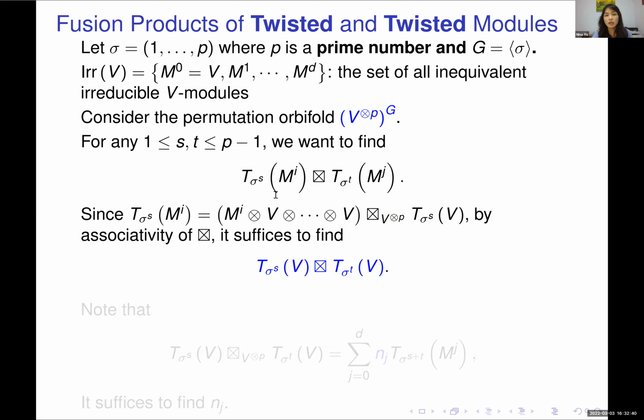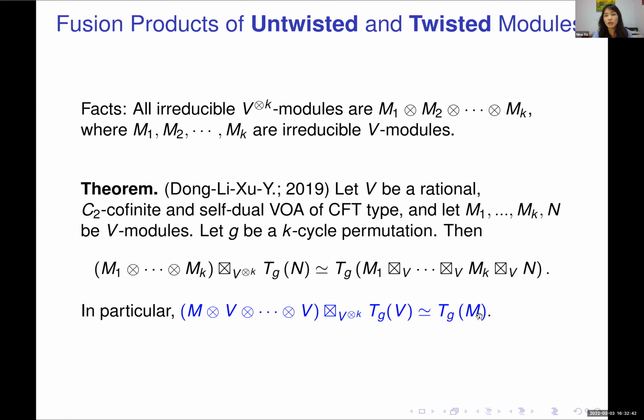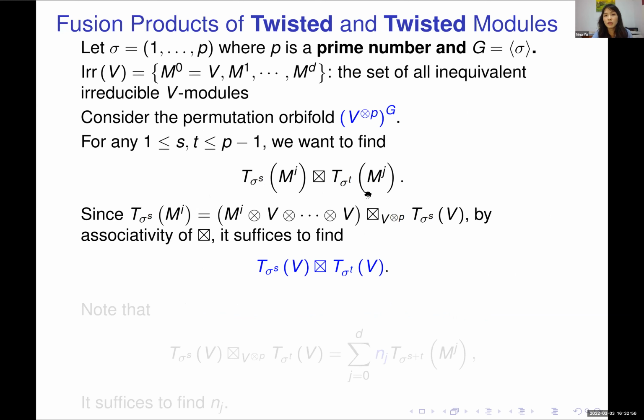And notice that in the previous slide, we mentioned that as long as this G is cyclic, then any G-twisted module can be written as a tensor product of the untwisted and the twisted modules here. So if we replace this part by this one, by the previous property, the twisted module can be written as this tensor product of untwisted and twisted modules.